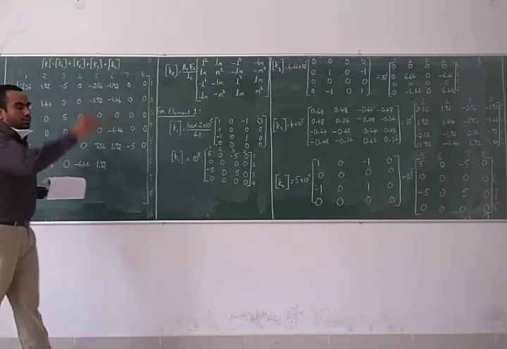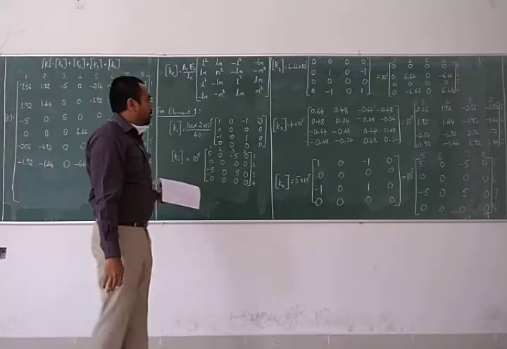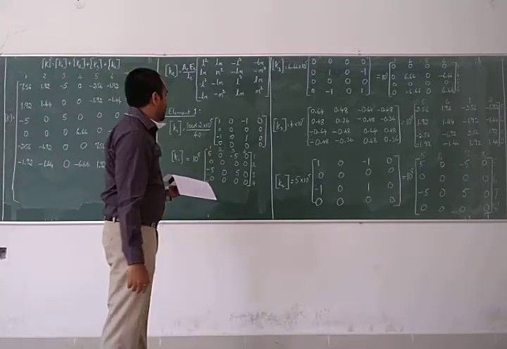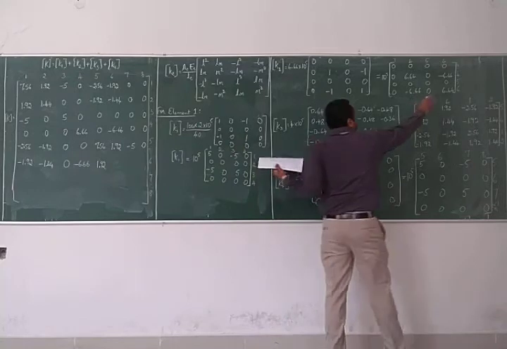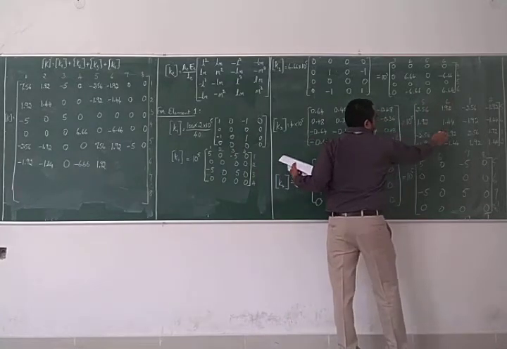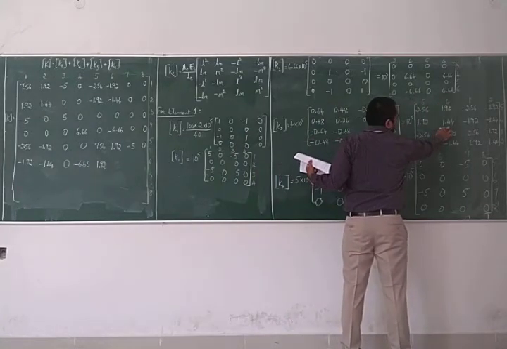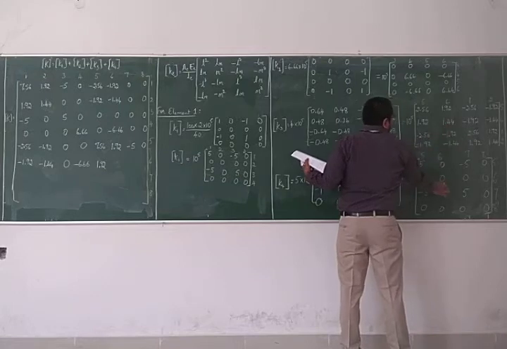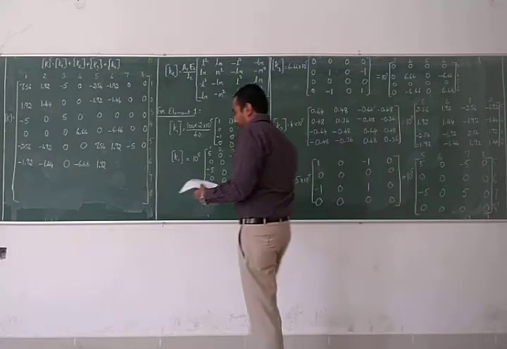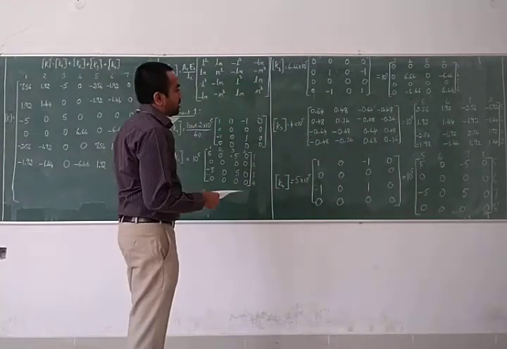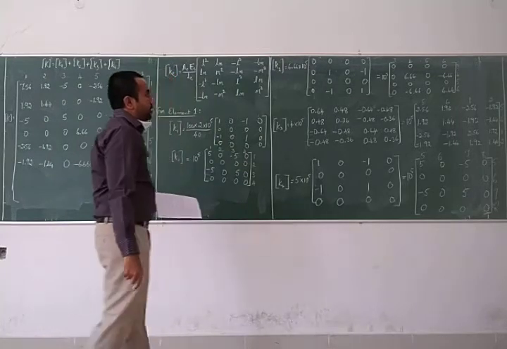Now both the column and the row pertaining to sixth degree of freedom, 6.66 plus 1.44 plus 0. What is the value that we get? 6.66 plus 1.44 will be 8.1.